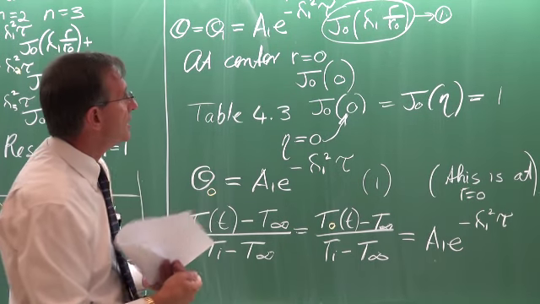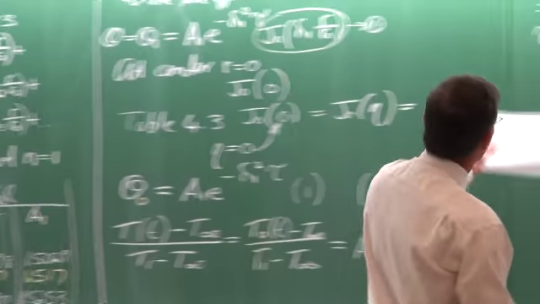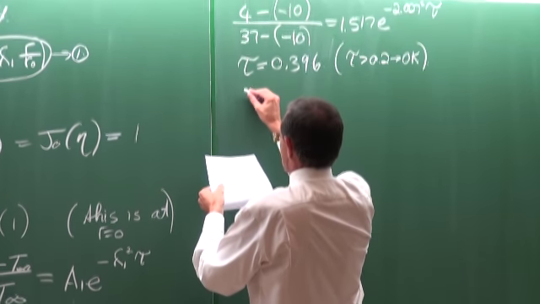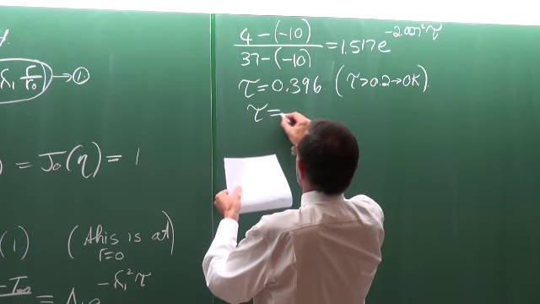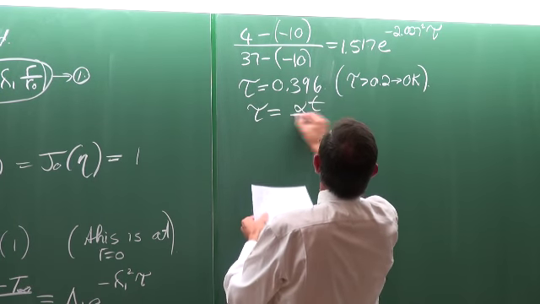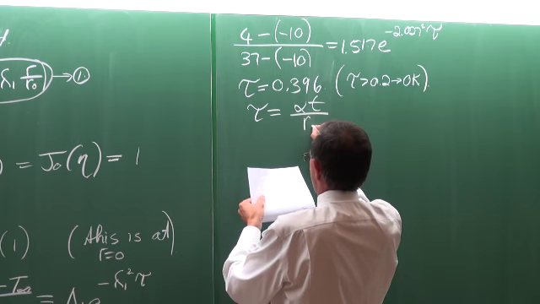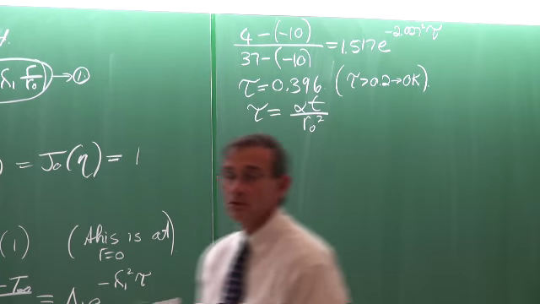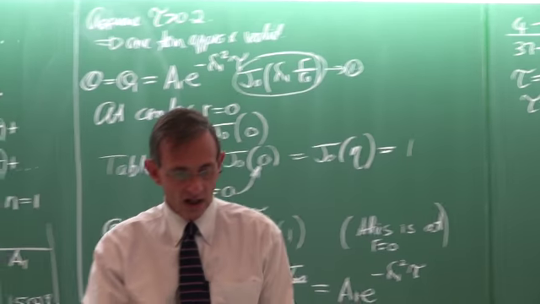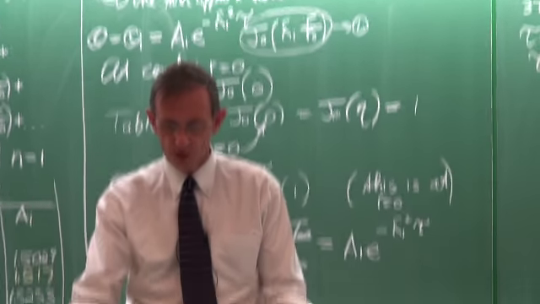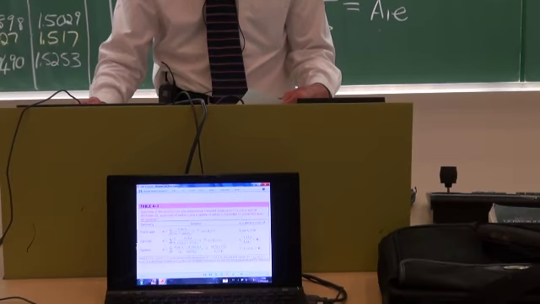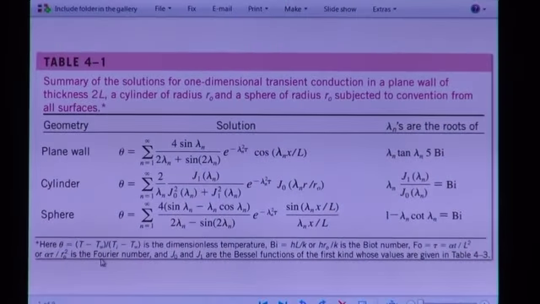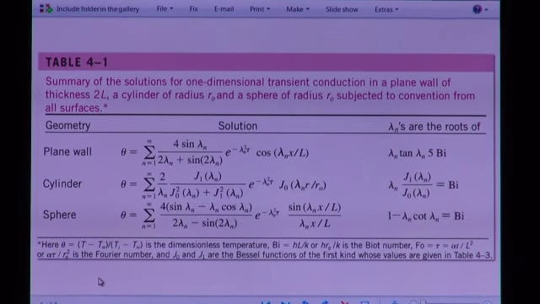Right. So the non-dimensionalized time is equal to 0.396. The non-dimensionalized time is equal to alpha t divided by R0 square. Where does this come from? Again, refer to table 4.1. There tau is defined for a plane wall and for the cylinder and the sphere.